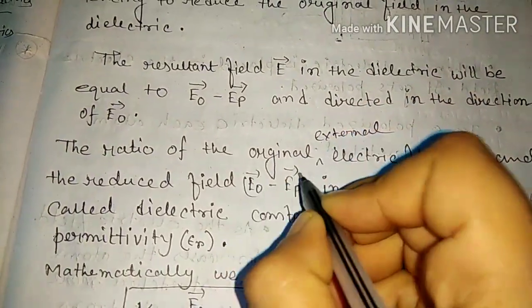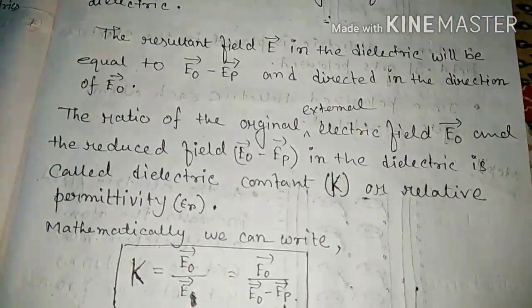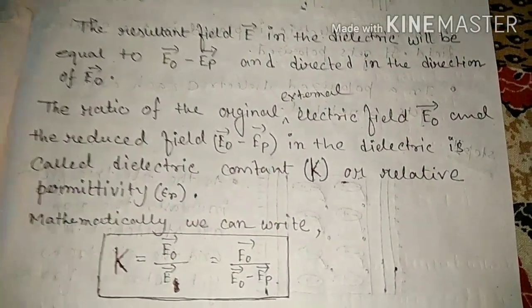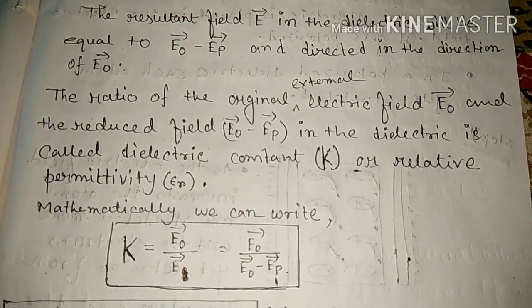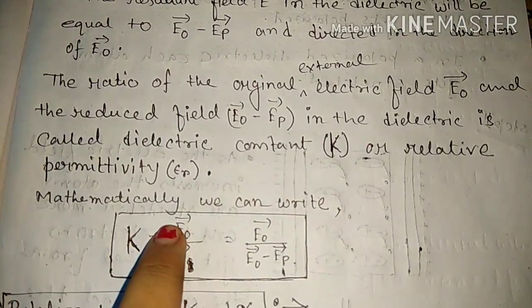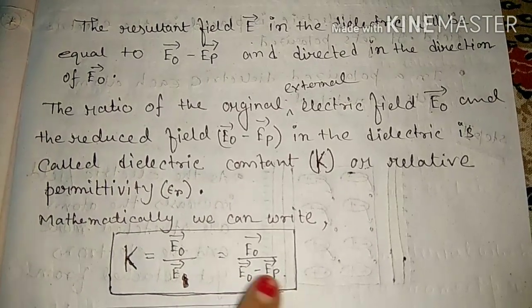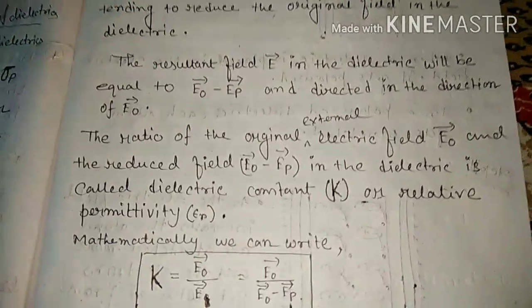Reduced electric field means E0 minus EP, that is equal to E. The ratio of the original external field to the reduced or resultant electric field in the dielectric is called the dielectric constant, or also the relative permittivity. So K equals E0 by E, and in place of E we can write E0 minus EP. So this is called the dielectric constant.